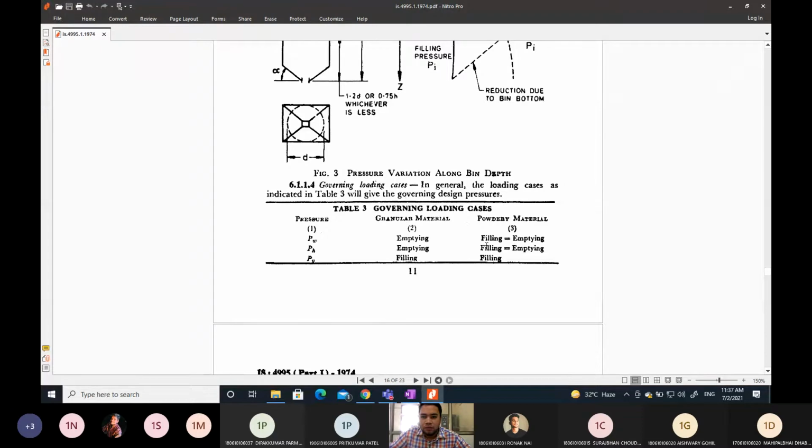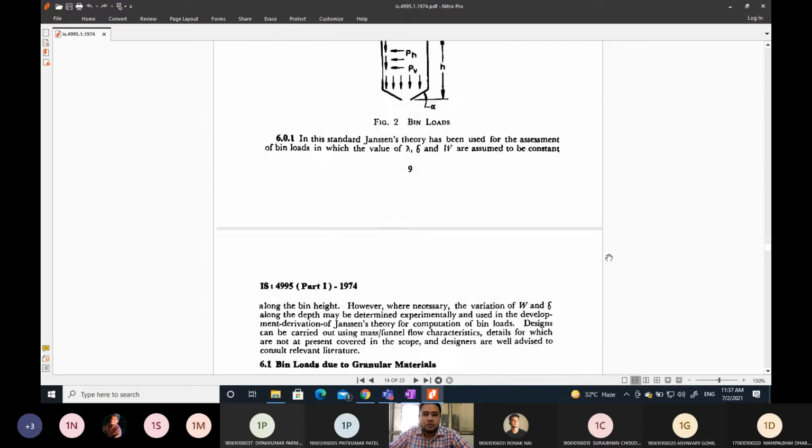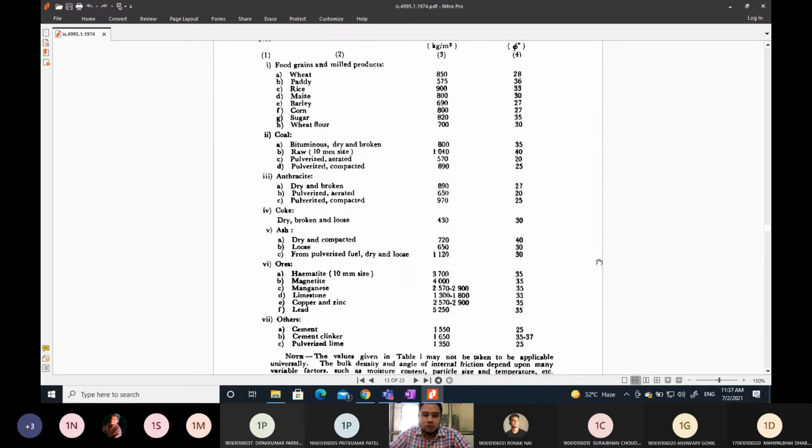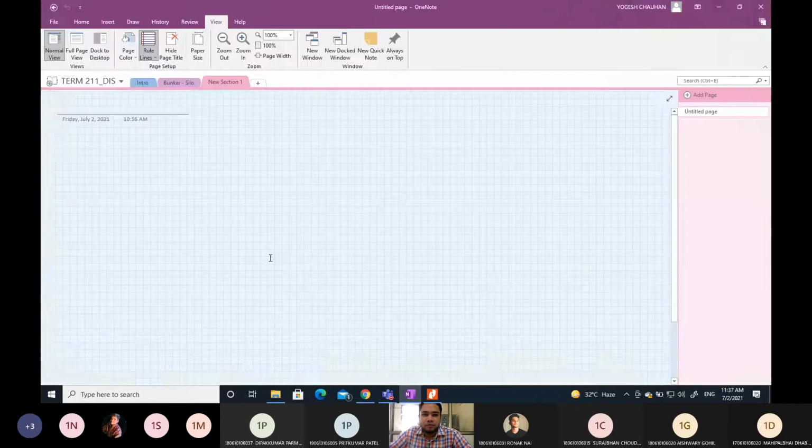For powdered material it would be filling equals to emptying for horizontal pressure, and for vertical pressure filling will be the governing load case. Okay, so we'll use these in the example. So now let us take an example.